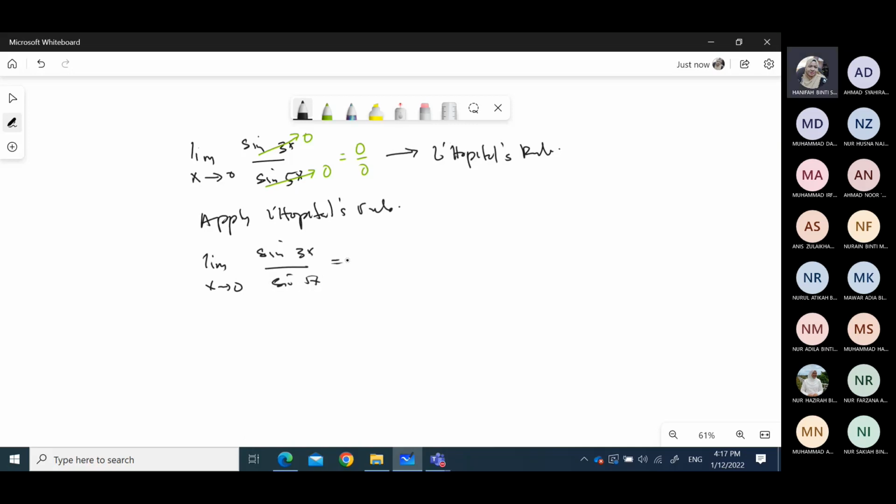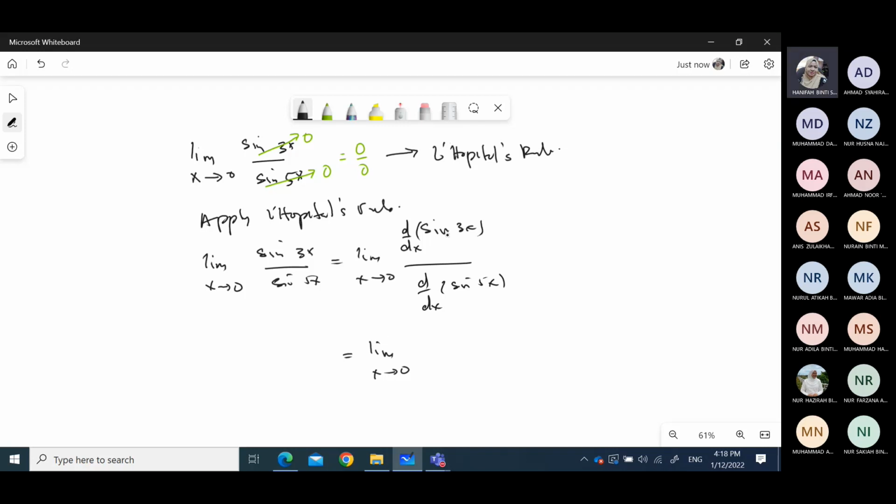So it is also equivalent with limit x approach to 0, derivative respect to x on sin 3x over derivative respect to x on sin 5x.